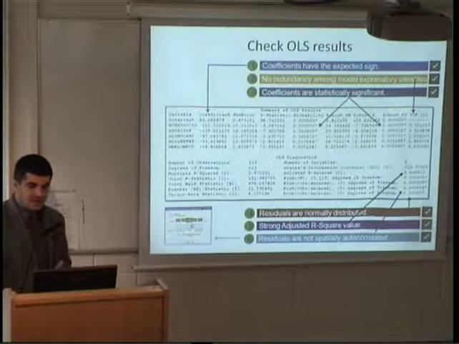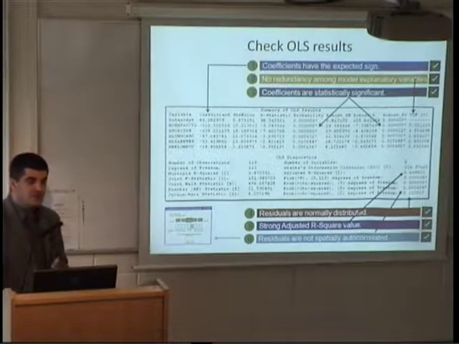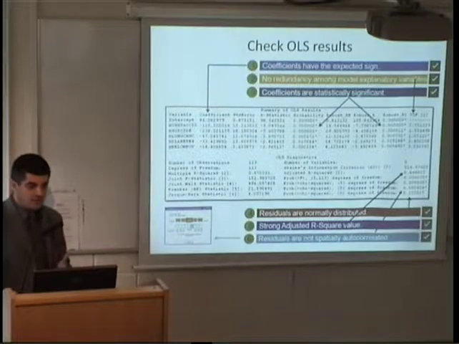And there are other parameters which we usually check to be sure that our regression model is correct. Like, we should have coefficients with the expected sign. There should be no redundancy among model explanatory variables. Coefficients should be statistically significant. Residuals should be normally distributed. And of course, R-square should be high enough. And residuals should not be spatially autocorrelated.